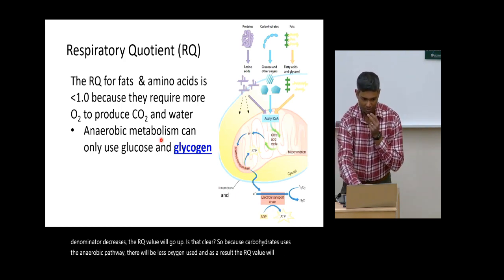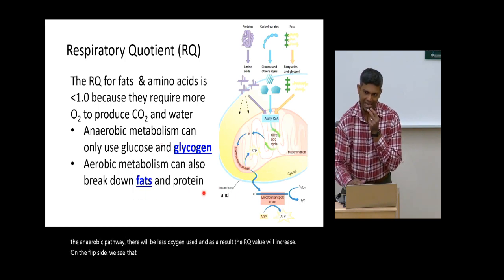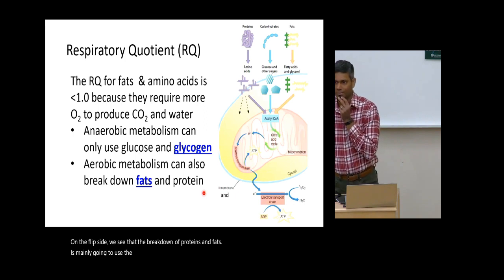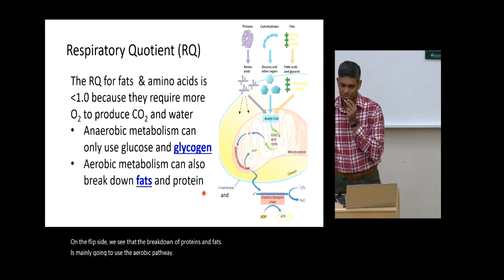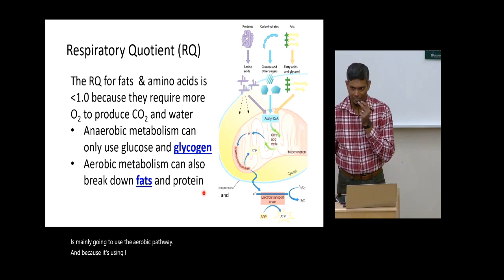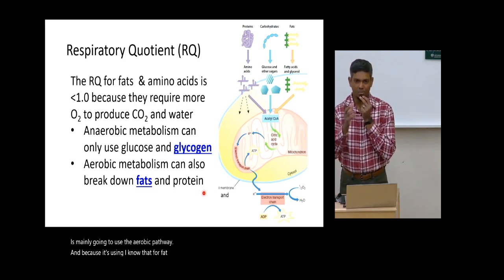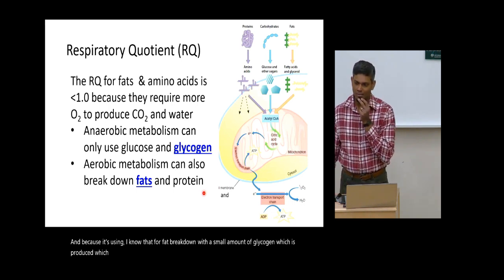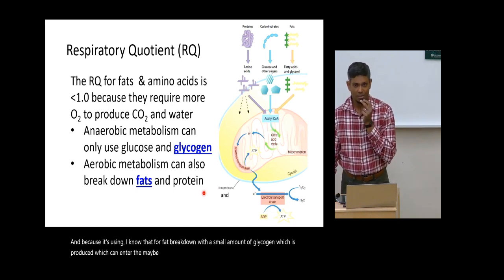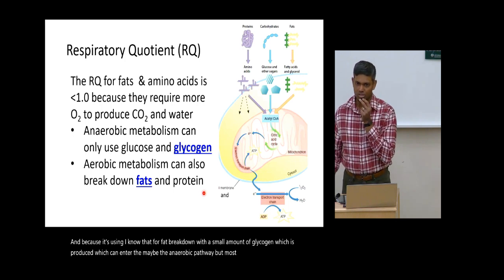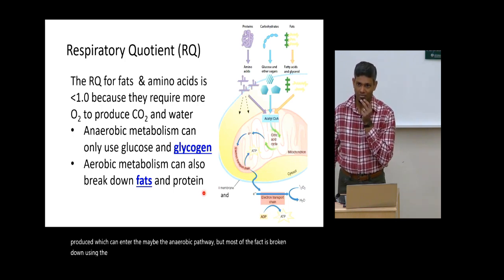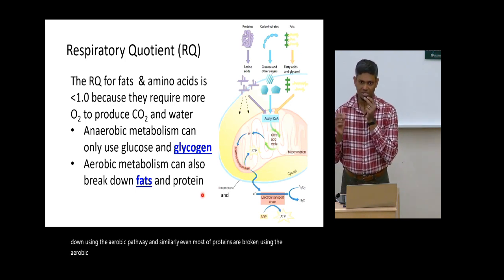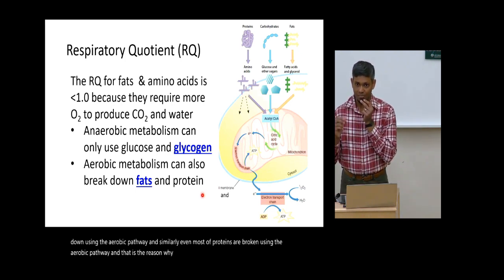On the flip side, the breakdown of proteins and fats mainly uses the aerobic pathway. I know that for fat breakdown a small amount of glycogen is produced, which can maybe enter the anaerobic pathway, but most of the fat is broken down using the aerobic pathway, and similarly most proteins are broken down aerobically, and that is the reason it requires more oxygen.